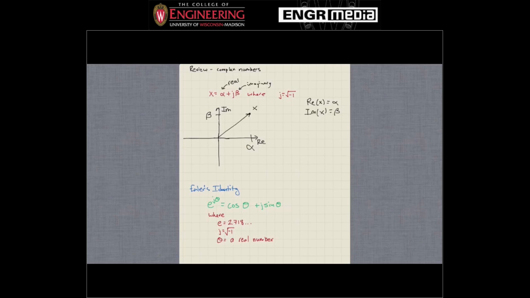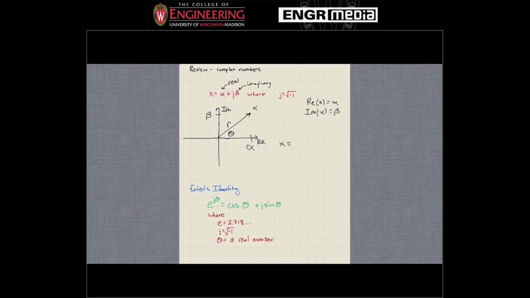Okay, and we can represent a complex number based on the magnitude, and that's the length of this vector, so we'll denote that r, and the angle theta, which is the angle that this vector x makes with the real axis. Okay, so just from trig, we can say x, that's going to equal alpha plus j beta, but let's write that in terms of r and theta.